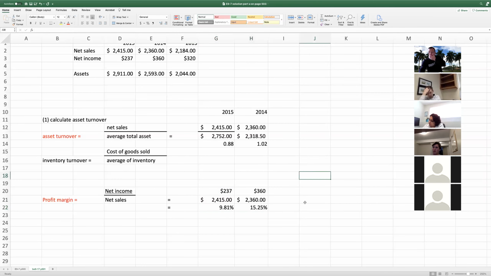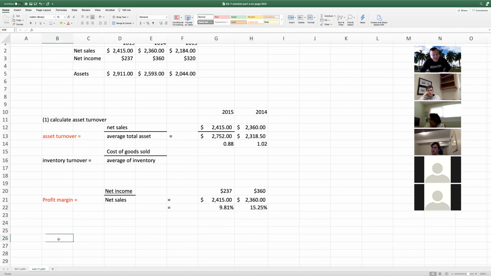So the profit margin is 9.81 in 2015. It's 15.25 for 2014. Again, decreased, right? That's not a good thing. Profit margin is lower, and that's not a good thing.